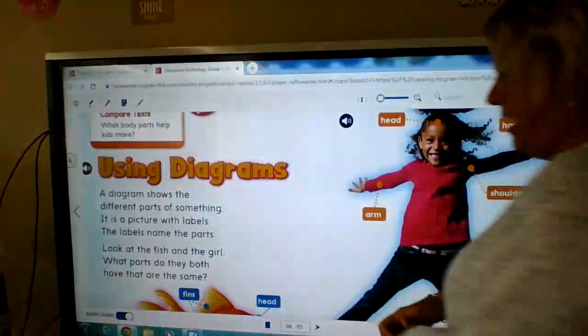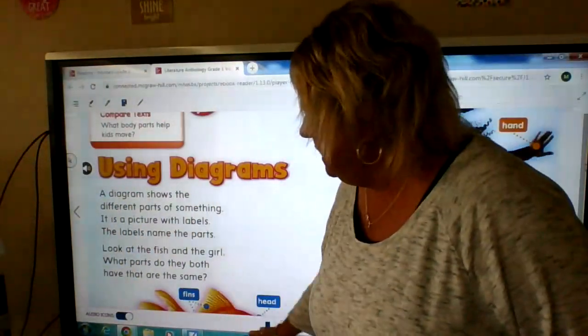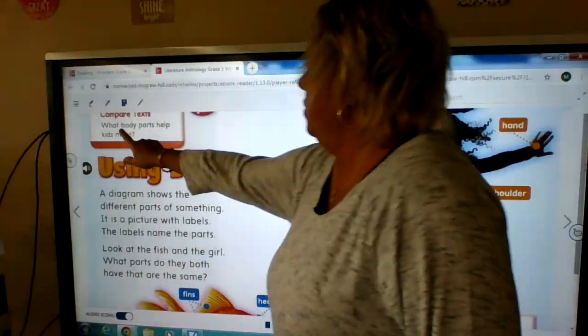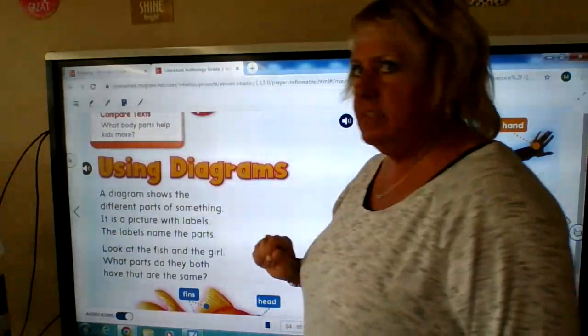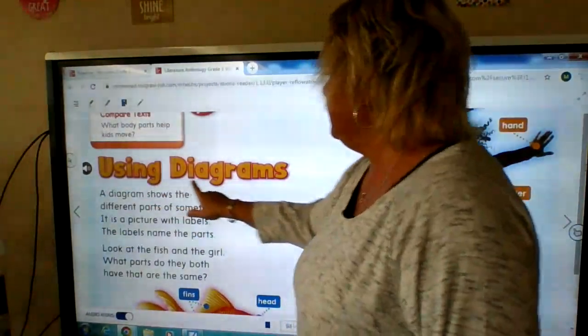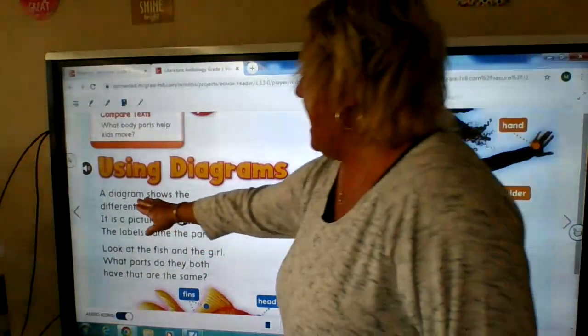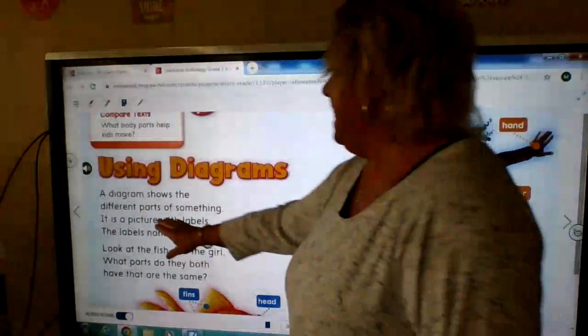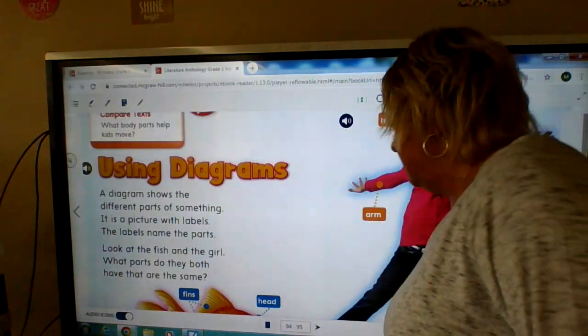Using diagrams. Down here we're going to see a diagram when I can pull it up in just a minute. What body parts help kids move? Using diagrams. A diagram shows the different parts of something. It is a picture with labels.